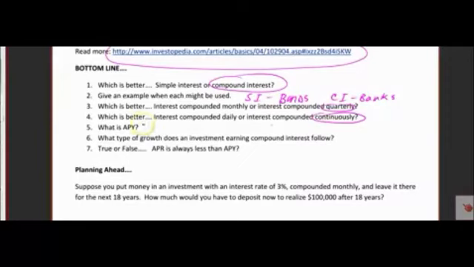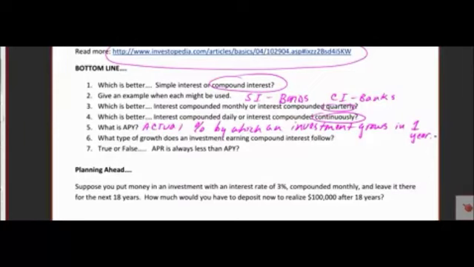So what's APY? It's the actual percentage by which an investment grows in 1 year, and it has to be a 1-year period only.